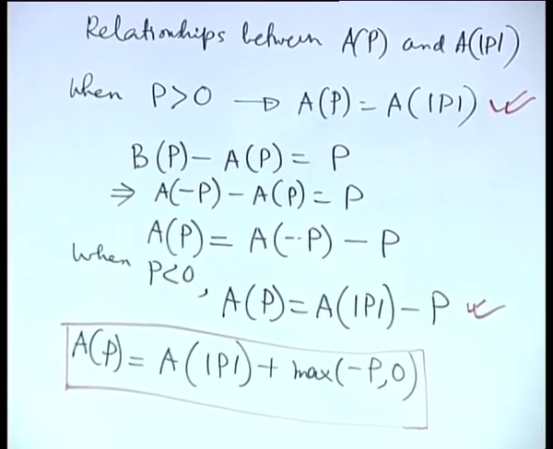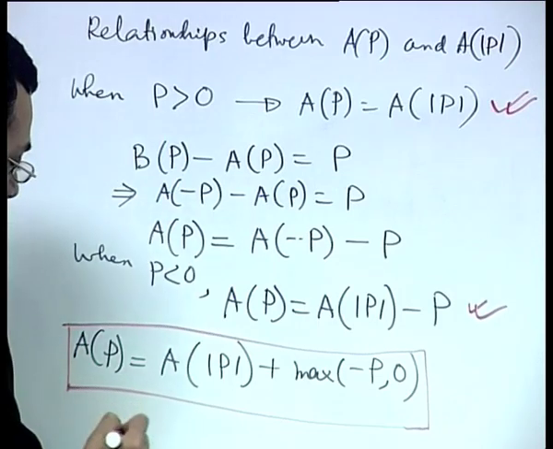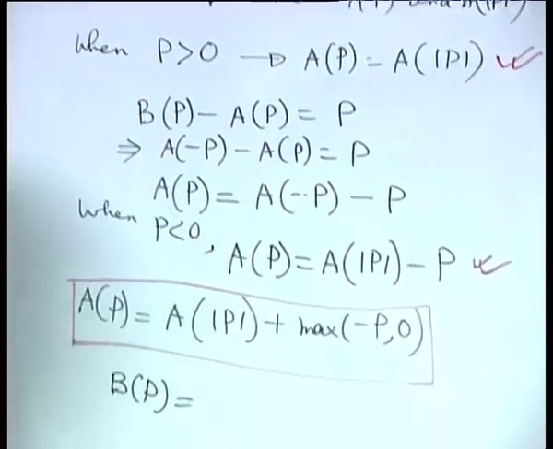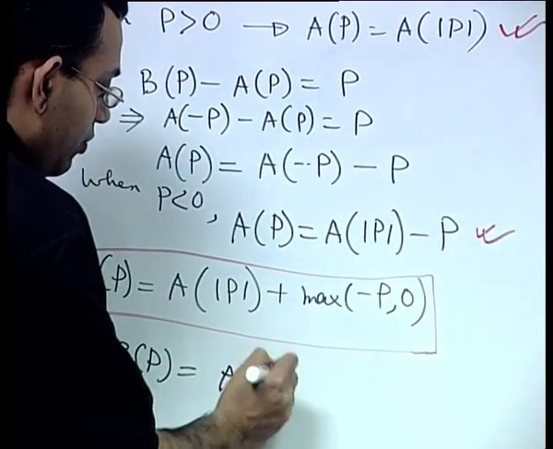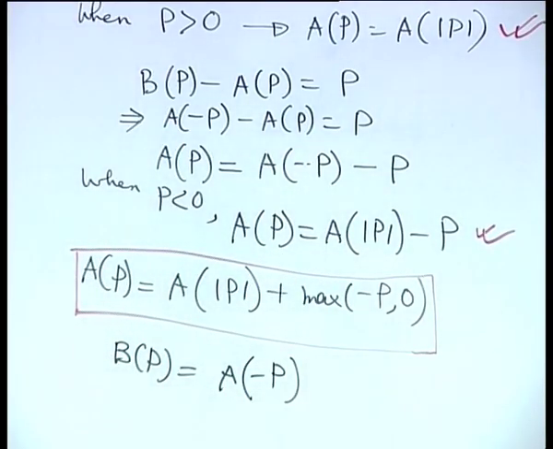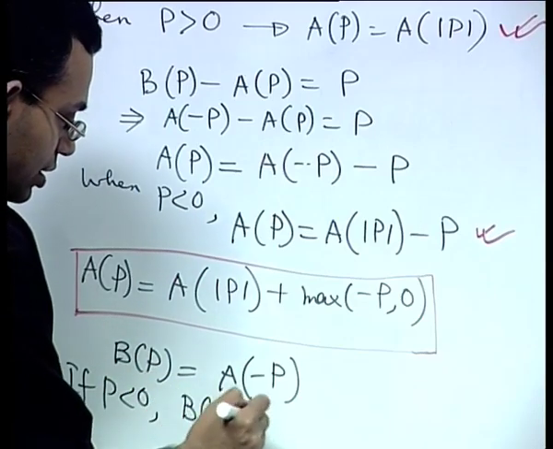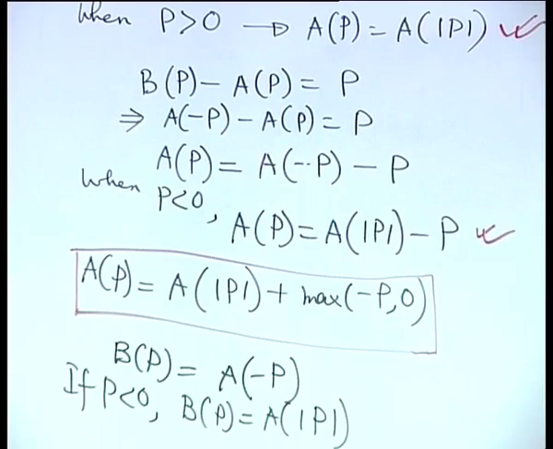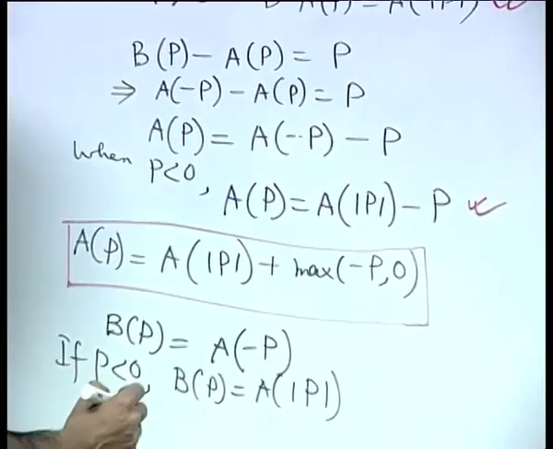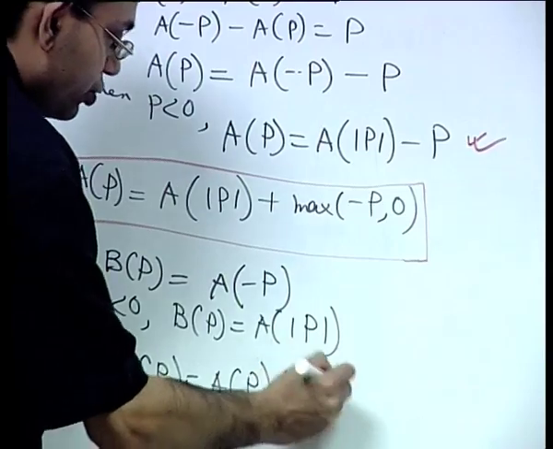Similarly, let us try to obtain expressions for B. So, B of P is equal to A of minus P. That means if P is less than 0, B of P is equal to A of mod P. On the other hand, you have B of P is equal to A of P plus P, that is also true.